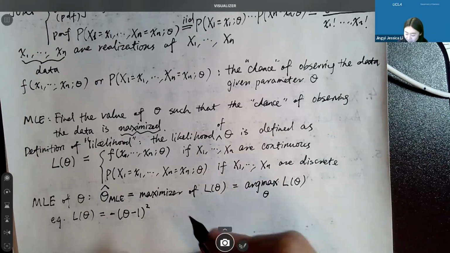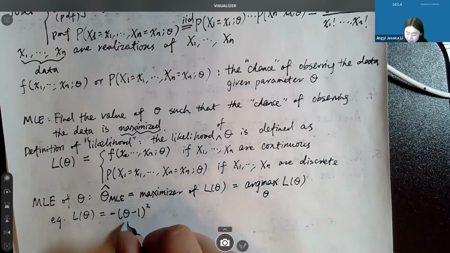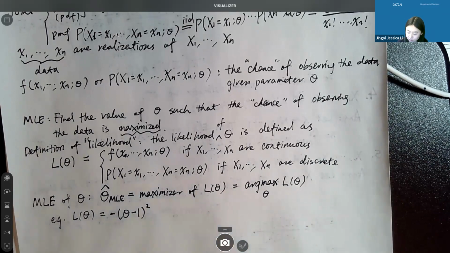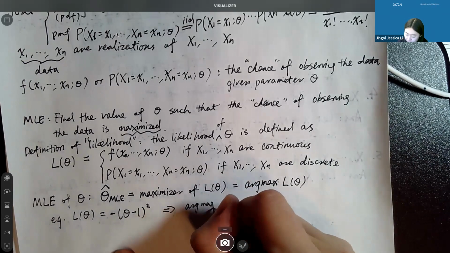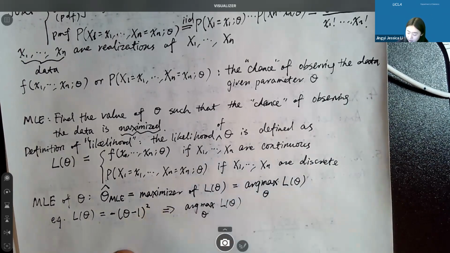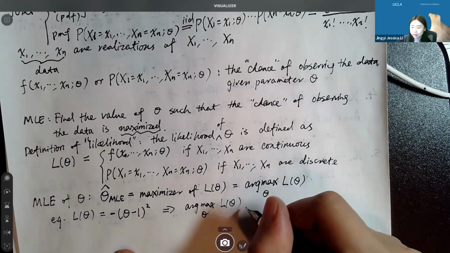In this case, we know the value of theta that maximizes the function is theta equals 1. So the argmax of this function L theta over all possible values of theta is equal to 1. This is what we mean by maximizer.